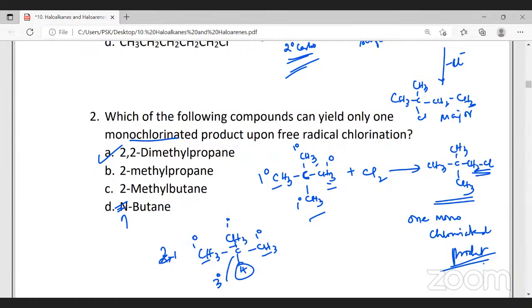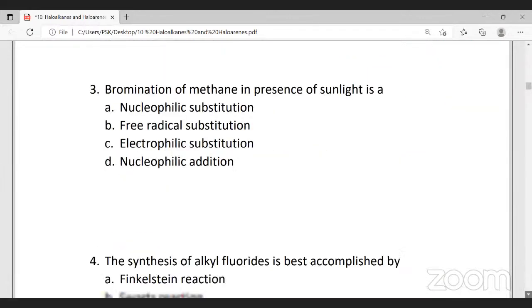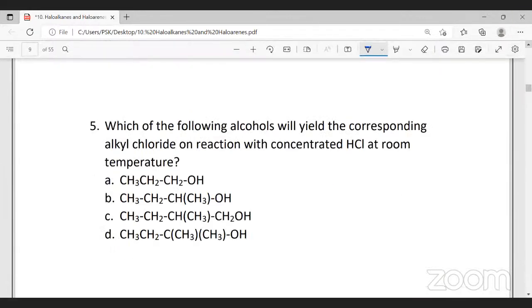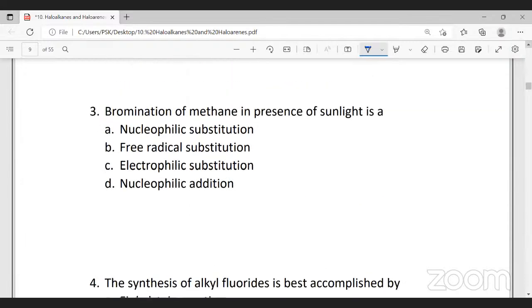The next question: bromination of methane in the presence of sunlight is nucleophilic substitution, free radical substitution, electrophilic substitution, or nucleophilic substitution? What is this bromination of methane?